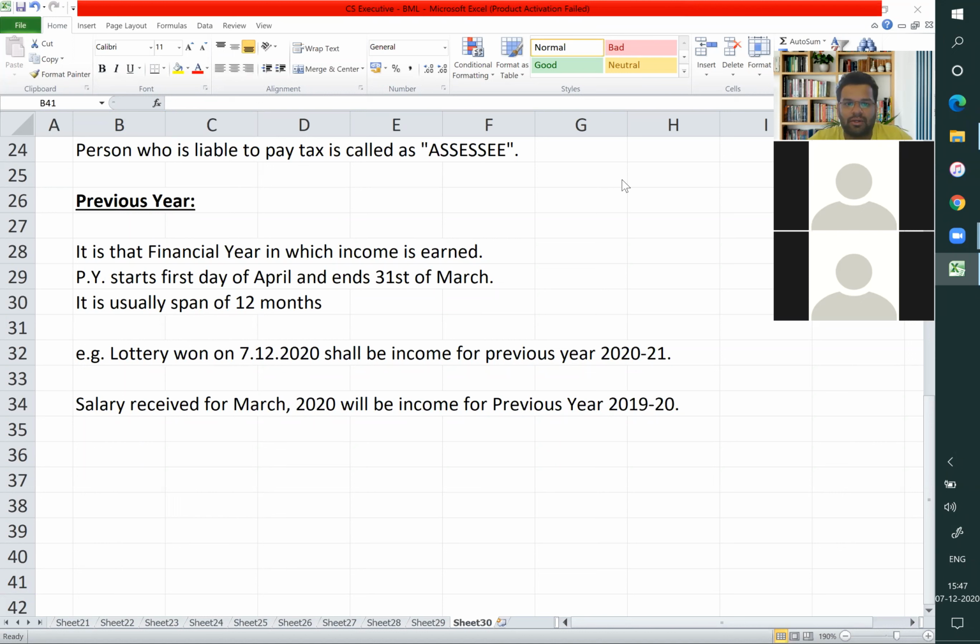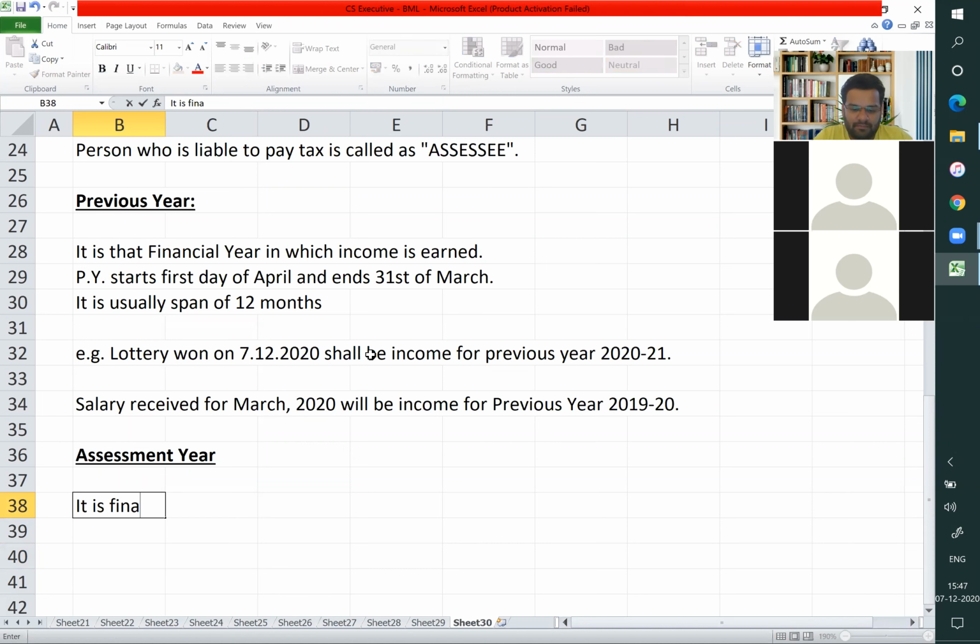Fine. Let's go ahead now. Now understand. There is a concept of assessment year. So you have got the assessee concept, you have got the previous year concept. Now there is a concept of assessment year. So what is assessment year?